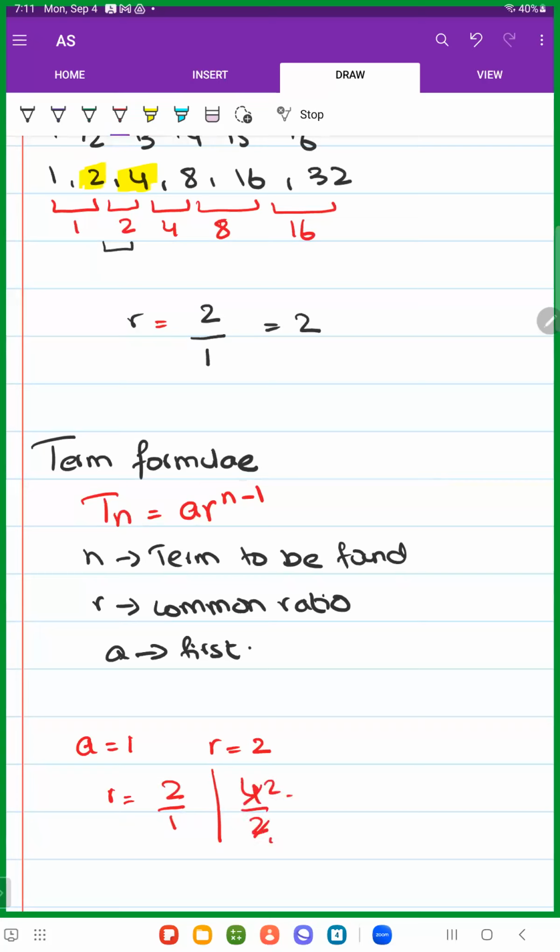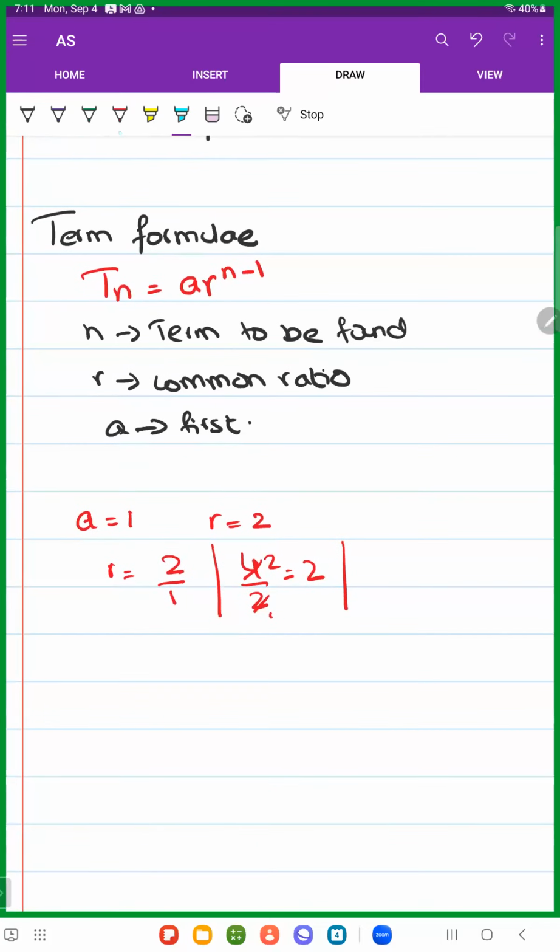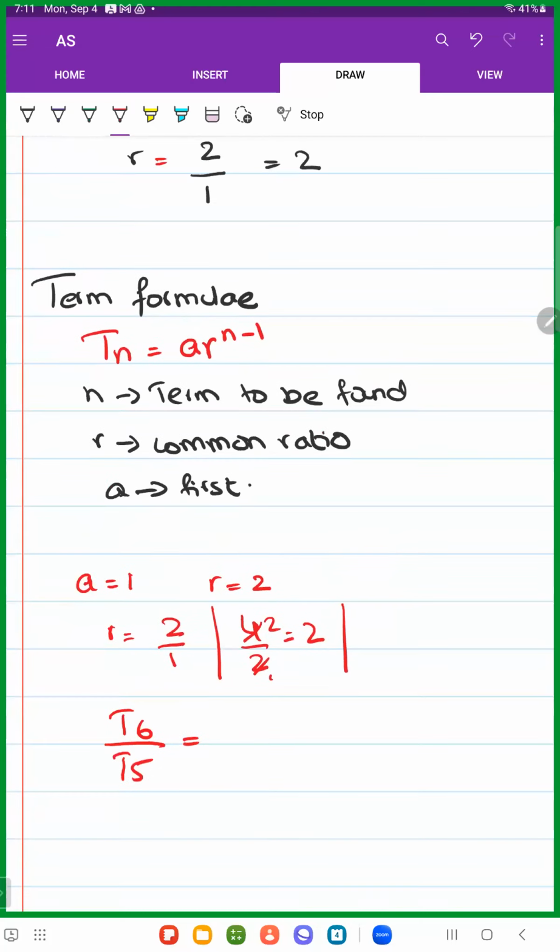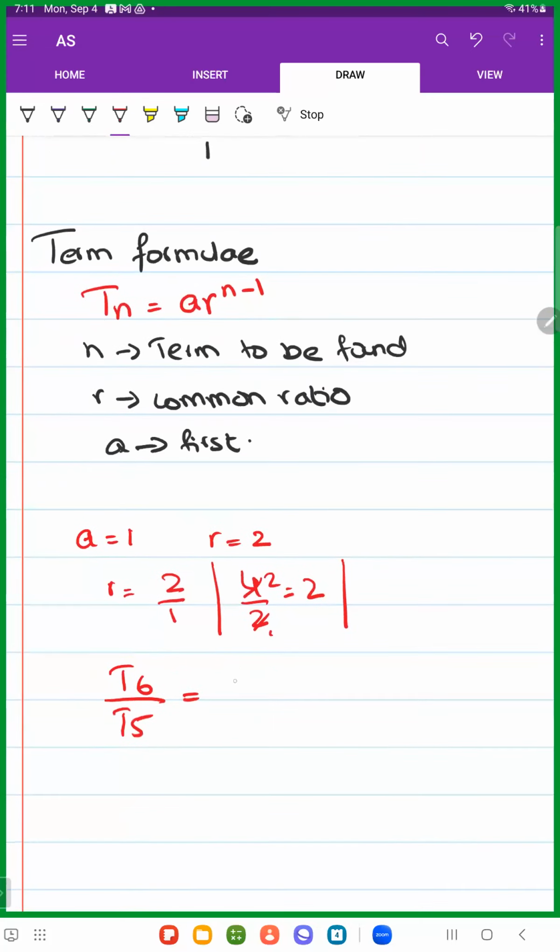The common ratio always stays the same. I can also do T6 over T5, which is 32 over 16, so the common ratio stays 2.